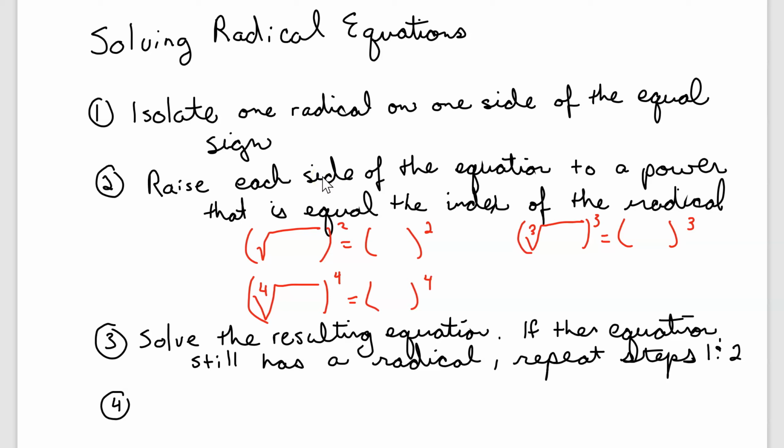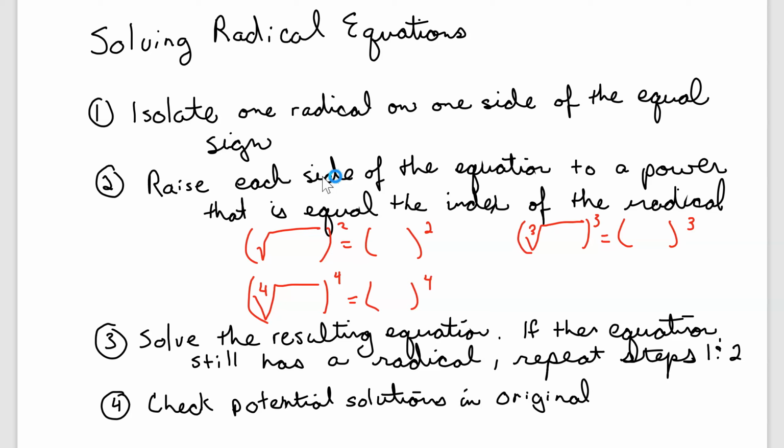Our last step is to check potential solutions in the original equation, because we need to make sure that our radicals do not become negative.